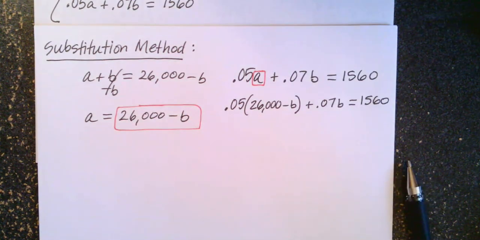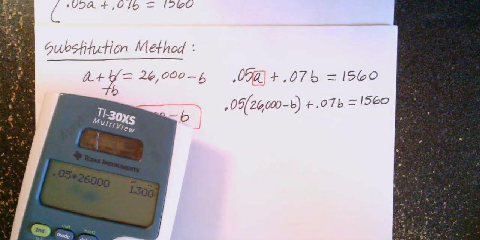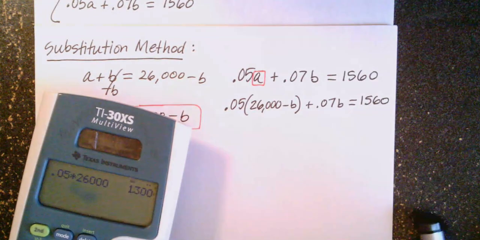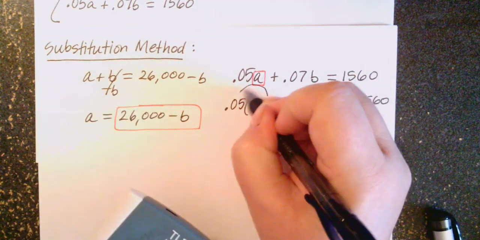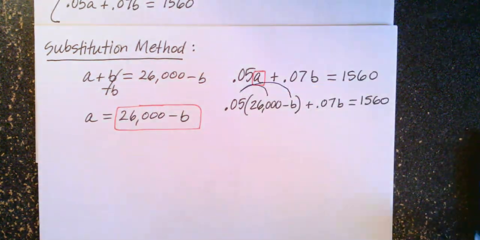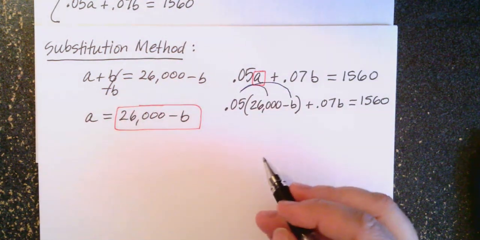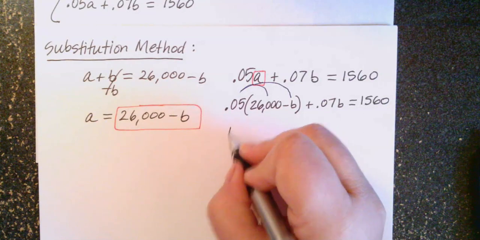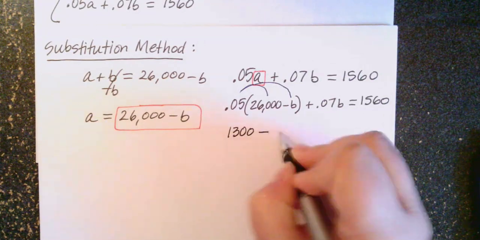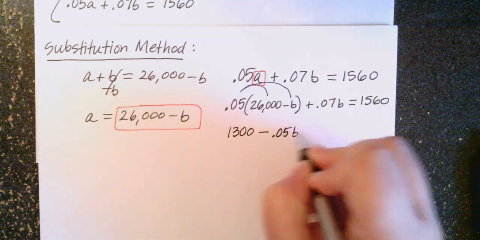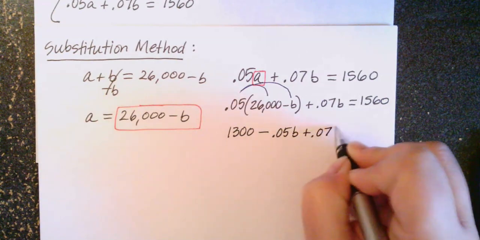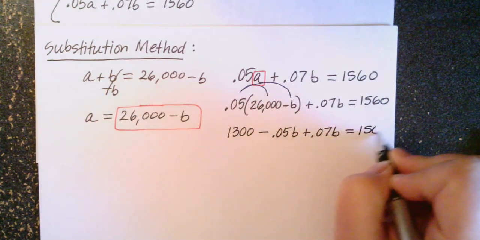Let me grab my calculator here, make sure I don't make any arithmetic mistakes. And I get 1300 for that. This is distributing, so we're doing the 0.05 times both members of this binomial. So I get 1300 minus 0.05b plus 0.07b equals 1560.